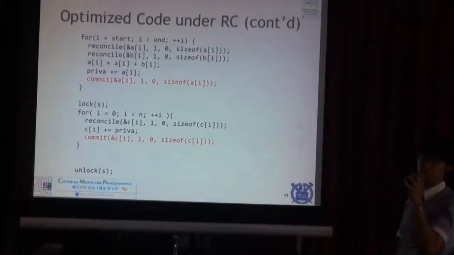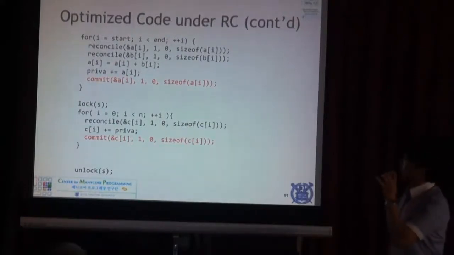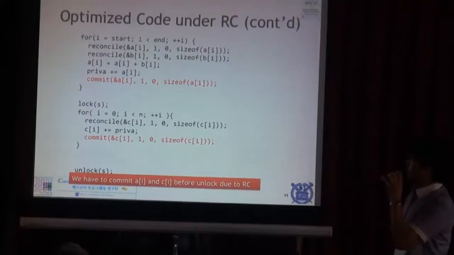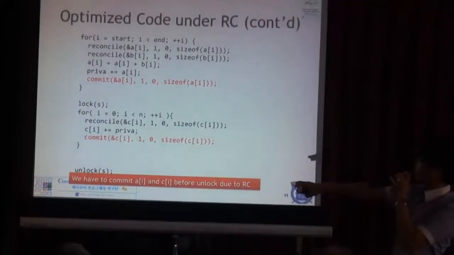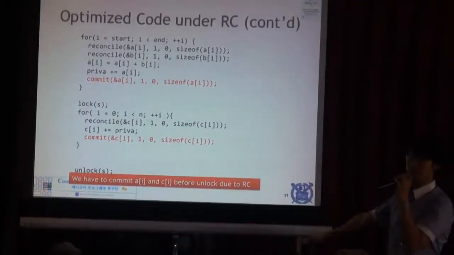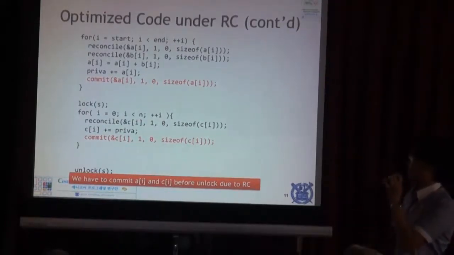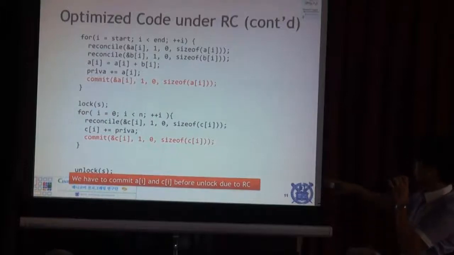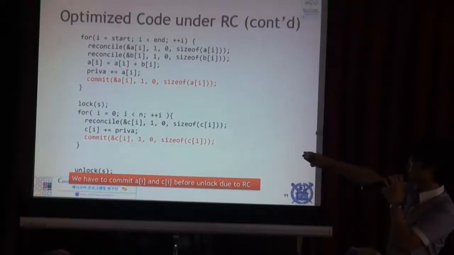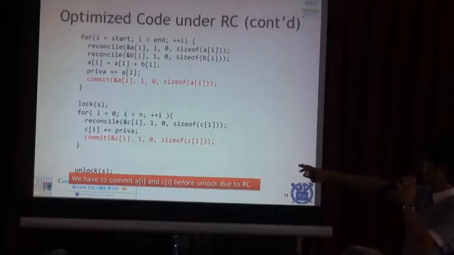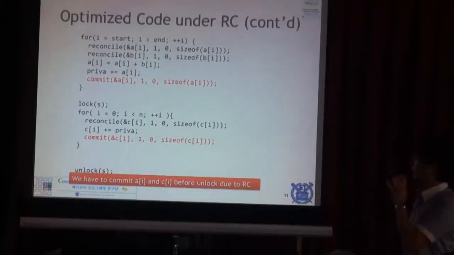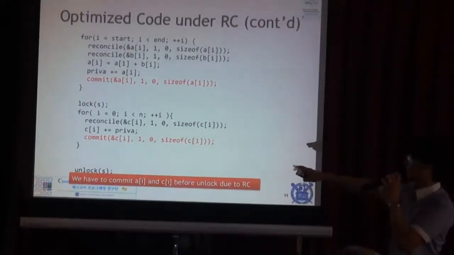Then let's think about the commit operation. We have to commit A[i] and C[i] before the unlock for release consistency. With the same example, core i executes the critical section, and it reads and updates the values of C, and then it does not commit.